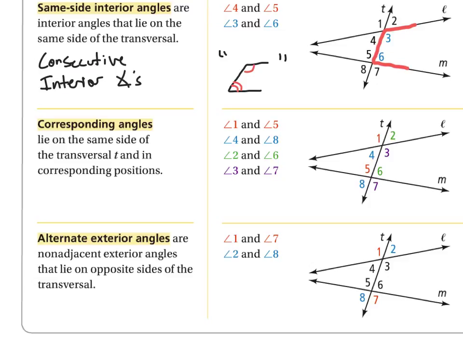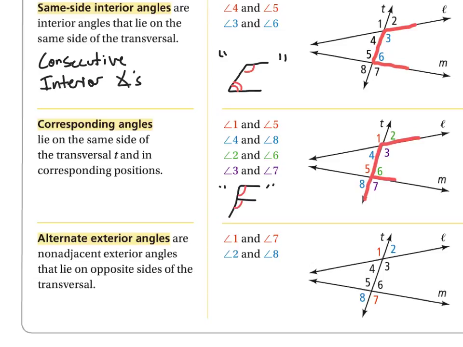I also refer to these as F angles. Because they do form, an F forms corresponding angles. So, again, such as angle 3 and angle 7.